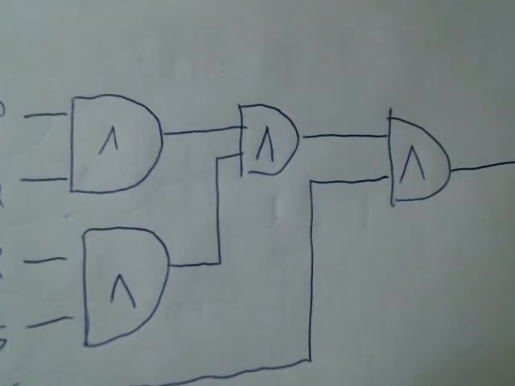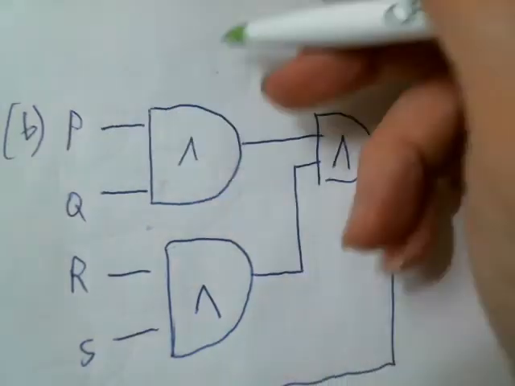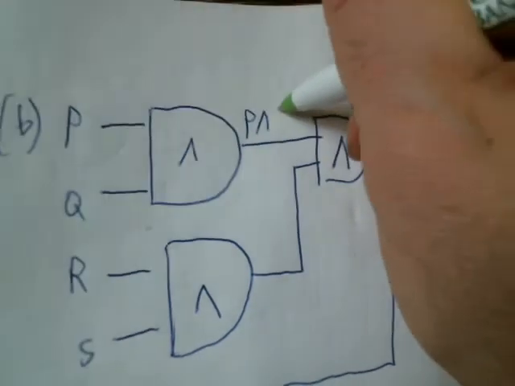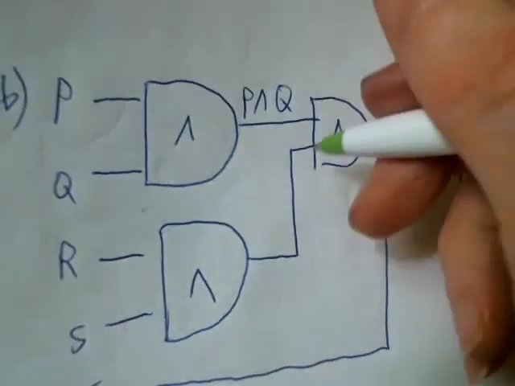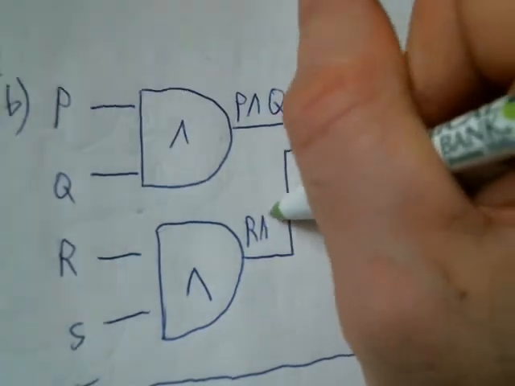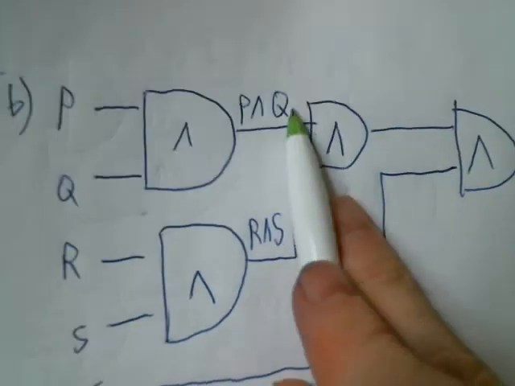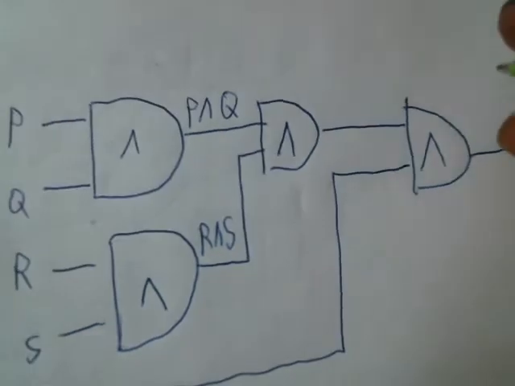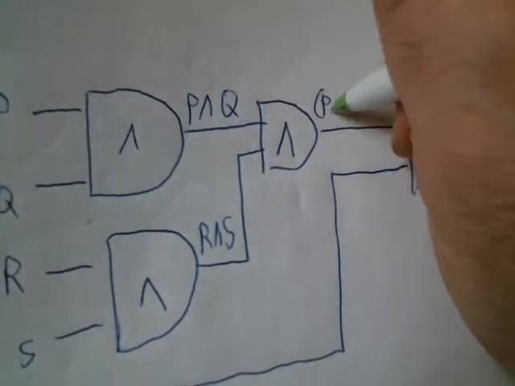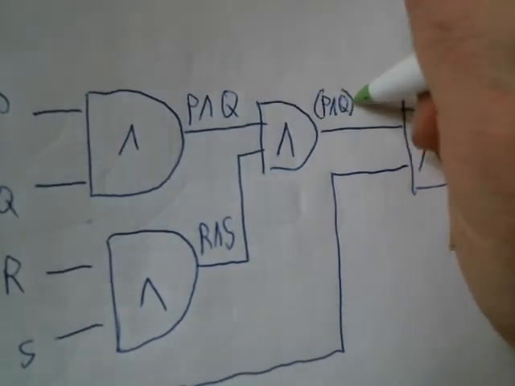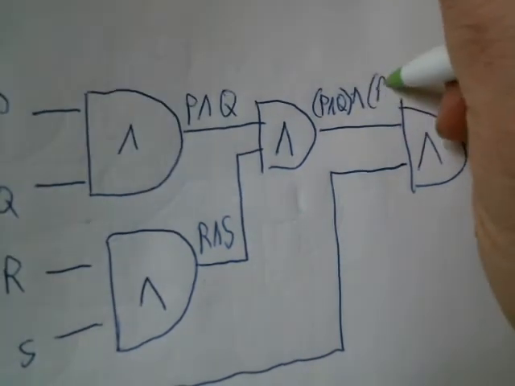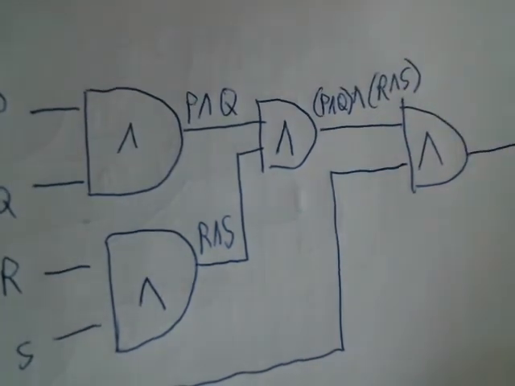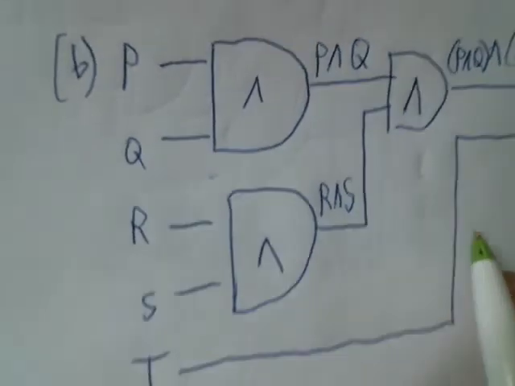So first off, P and Q right here. Right here we have R and S. And then this gate connects these two together. So we can use parentheses: P and Q, and R and S. And then from down here we have a T coming in.